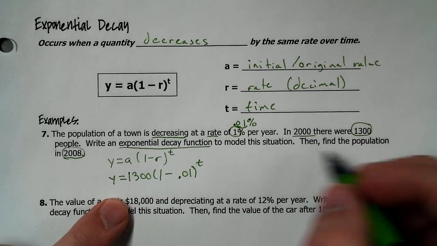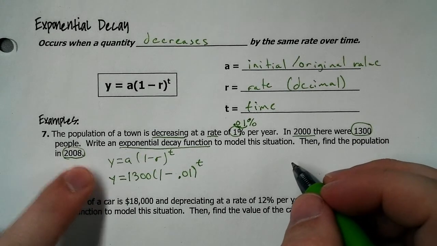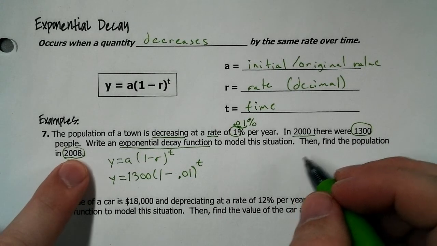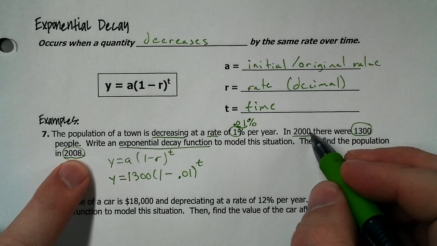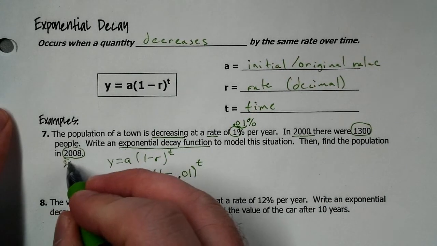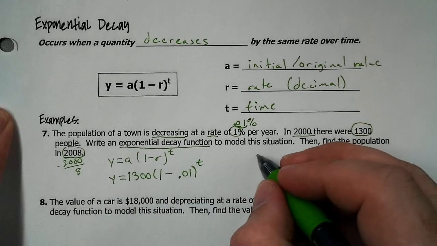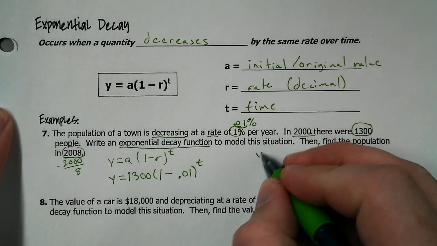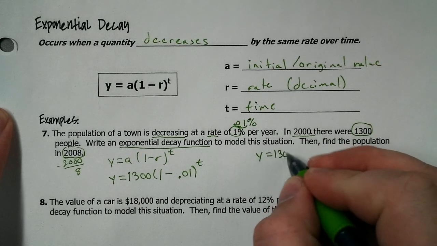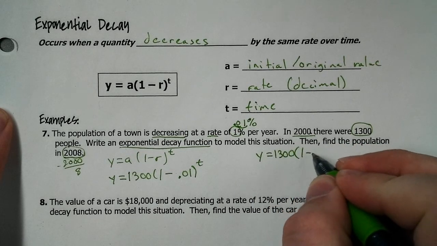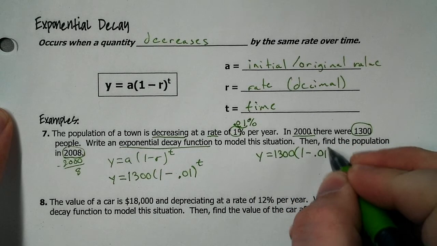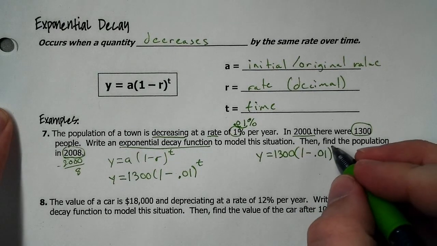Now the last thing, we want to find the population in 2008. But the time is not 2008. We started in 2000, so what we have to do is subtract. And when we subtract 2000, there's 8 years that go by. So that is what we're plugging in for the T here. So we got Y equals 1,300 times 1 minus 0.01 to the 8th.